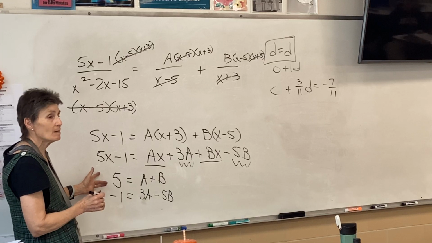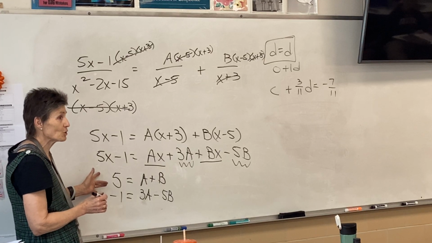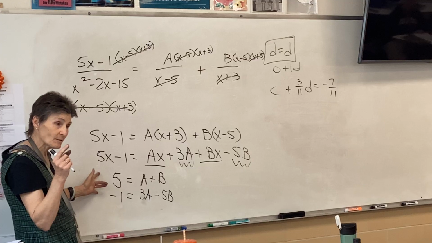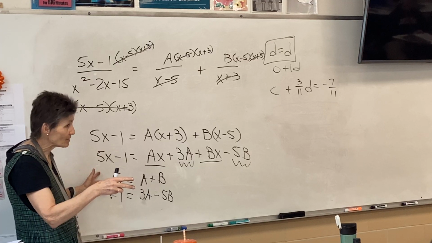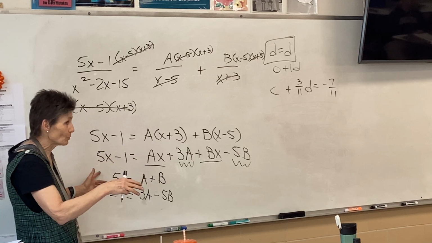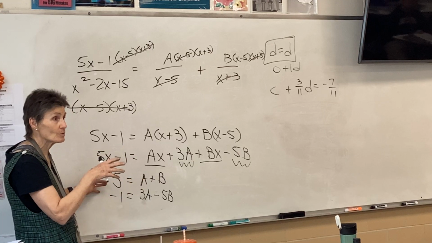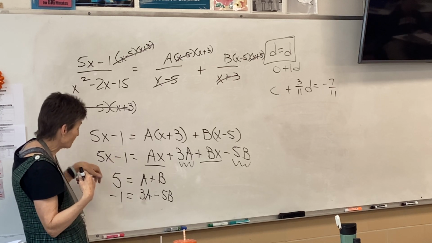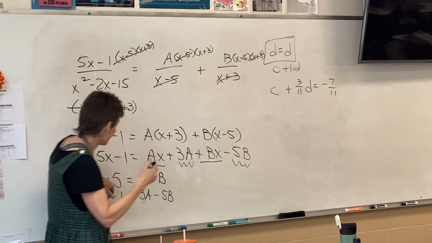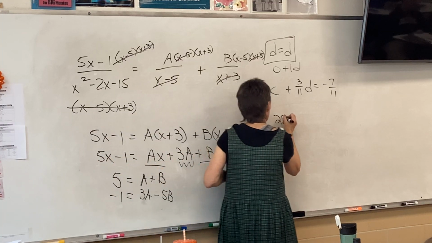That's a system of equations that you can either use substitution, elimination, Cramer's rule, any of those will work. So I love to eliminate, so I'm gonna multiply the top row by 5. You can do whatever you want.